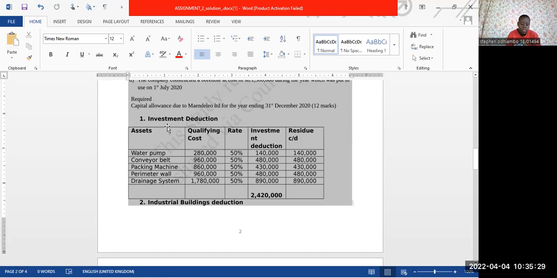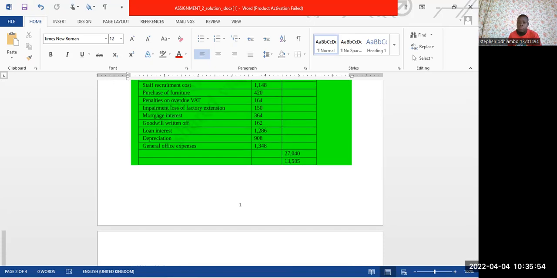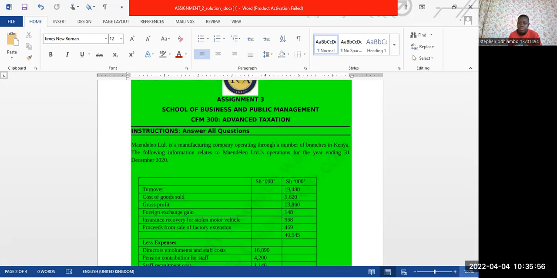In investment deduction, we have assets. You just create a table with 5 columns and rows based on the assets you have. So we have the water pump. The water pump qualifying cost is 280,000. I will not be coming up this time, I'll just show you what to do, then you will continue.